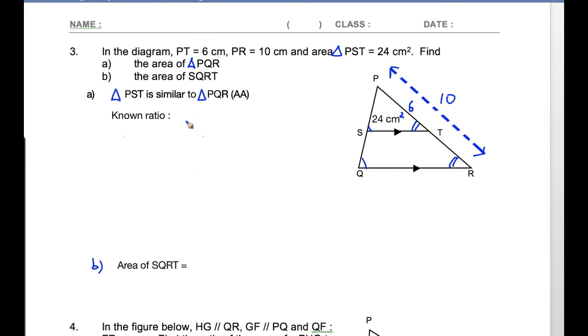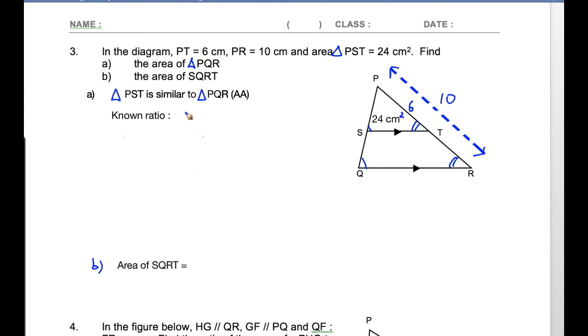In the first part of number 3, we need to find the area of triangle PQR. In order to do that, we need to identify the triangle that is similar to triangle PQR. In this case, it is triangle PST, as we can see that they have corresponding angles.